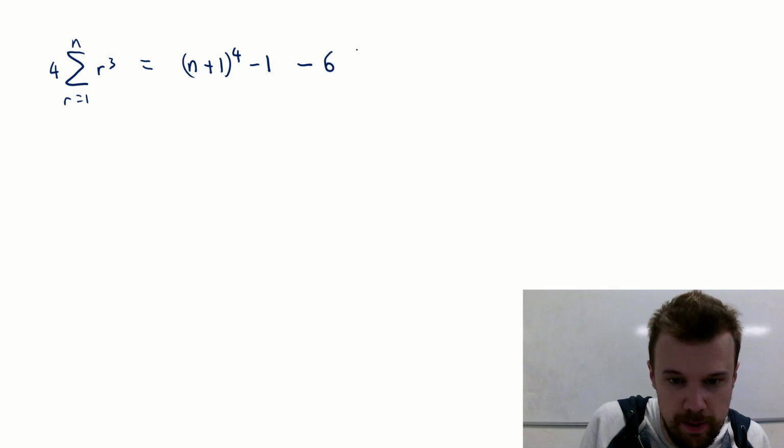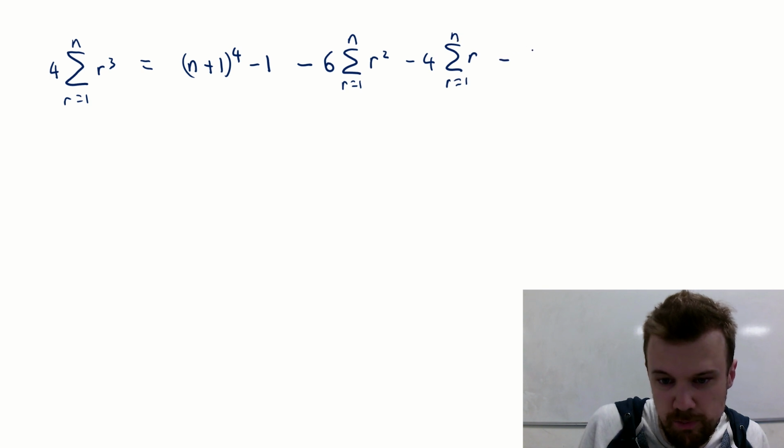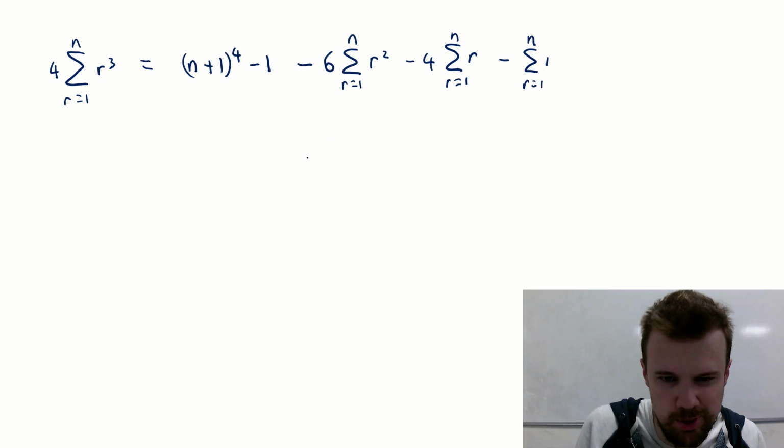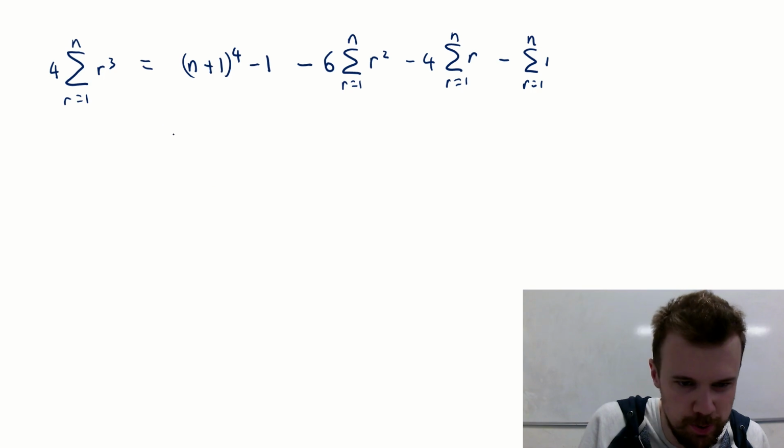So we don't want that 6 lots of r squared series. We don't want that minus 4 lots of r. And we don't want the minus 1 series. Kind of a silly, simple series, but there we go. We're still writing it because it still will contribute to all this stuff.